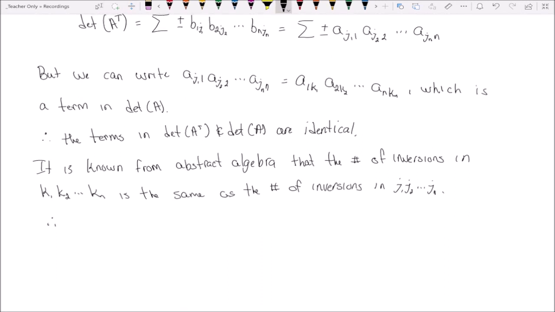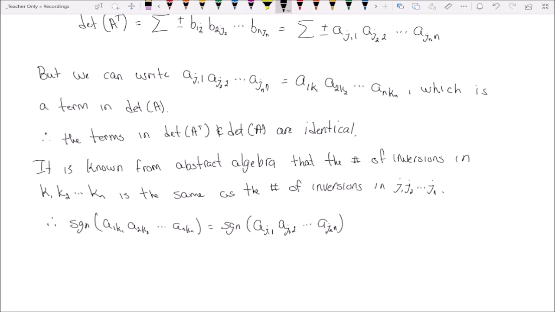Therefore, the sign of A1k1, A2k2, Ankn is equal to the sign of Aj11, Aj22, Ajnn.